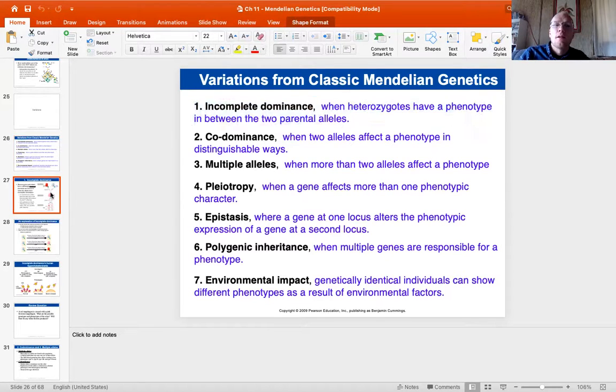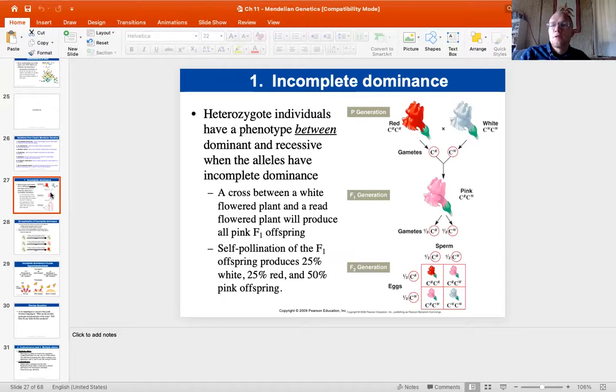Sometimes you can get the pink case. So some flowers, you can actually get a blending of 2 traits. That's called incomplete dominance. And this happens sometimes also in human traits and other things where instead of having just a purely dominant and recessive trait, we can actually have a blending taking place in the heterozygous case.